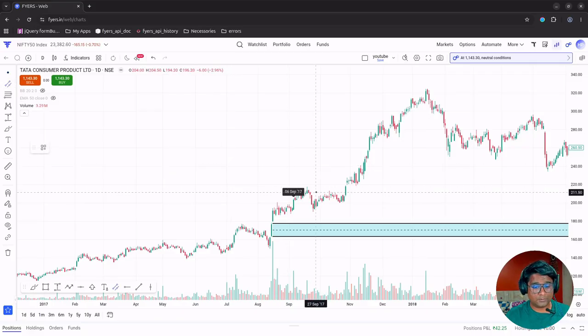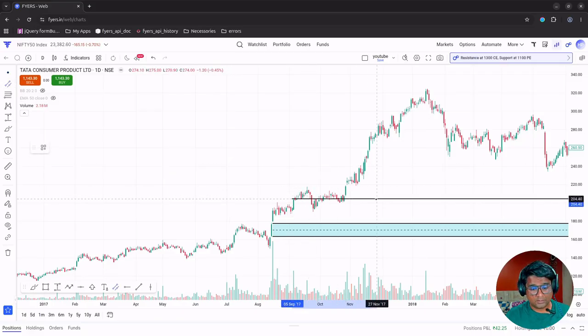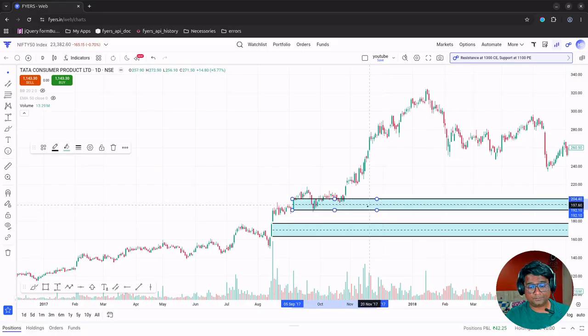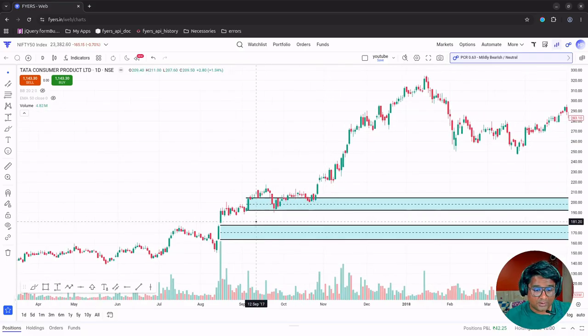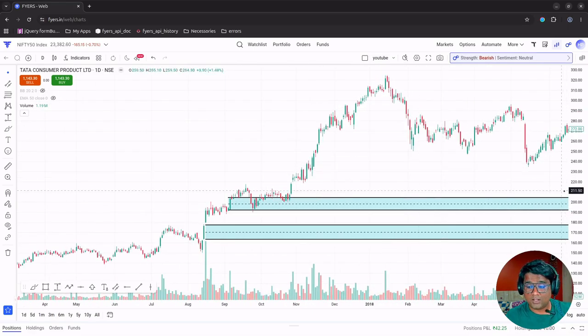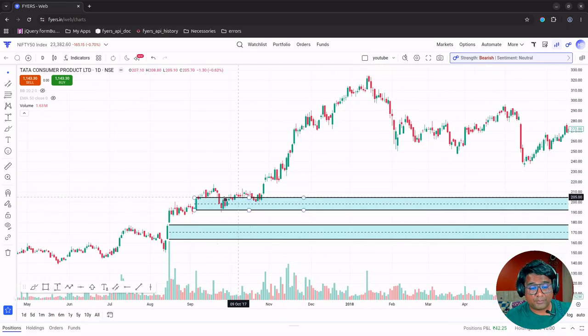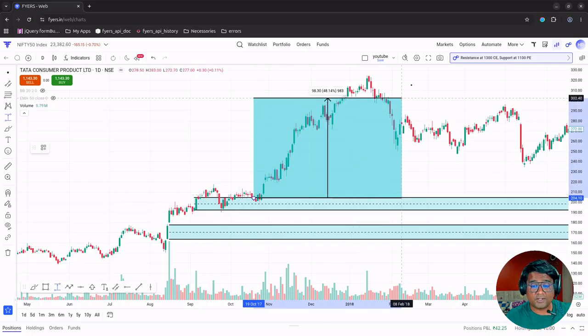See, it is an immediate demand zone. And even so, just within a month, within 15 days, it still confirms a valid demand zone. Price reverses, institutions make their positions right here, and see the steepness of this rally.